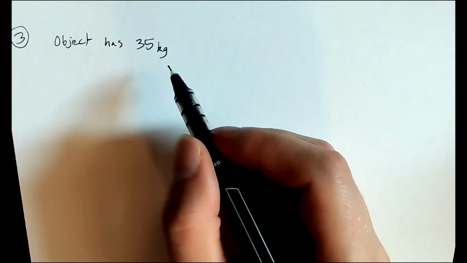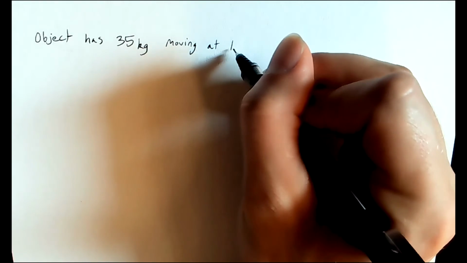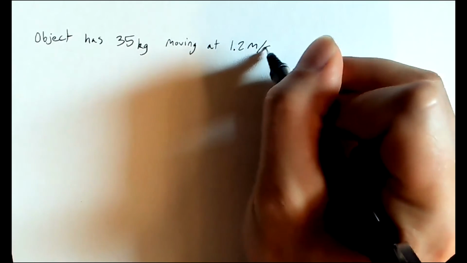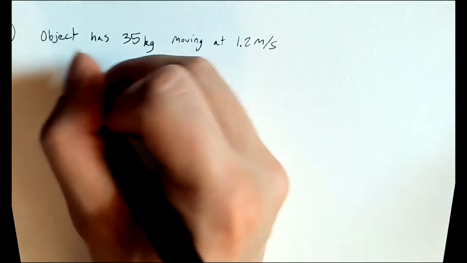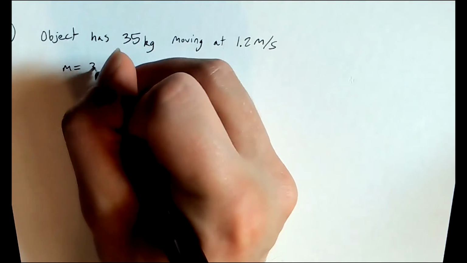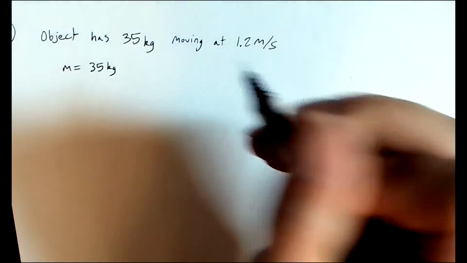Now we're getting into actual numbers. An object has a mass of 35 kilograms and it's moving at 1.2 meters per second. Okay, so we have the mass, m equals 35 kilograms.